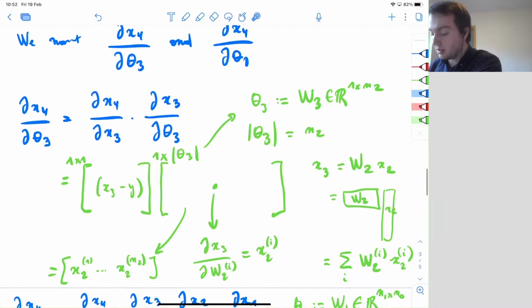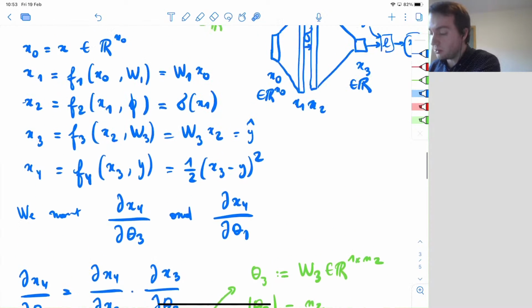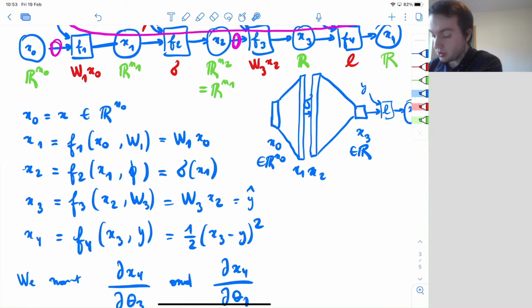Well, they are values that you compute when you evaluate the function forward. When you apply this sequence of elementary operations, you start from x0, compute x1 from x0 and the value of the parameters, and then you store this value x1. Then you compute x2 as the output of f2 for the stored x1, using the ReLU activation.